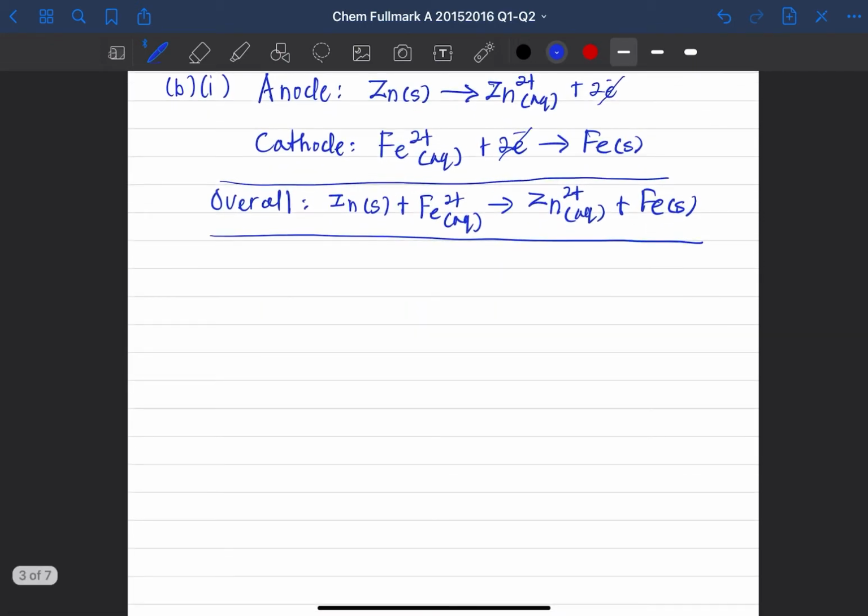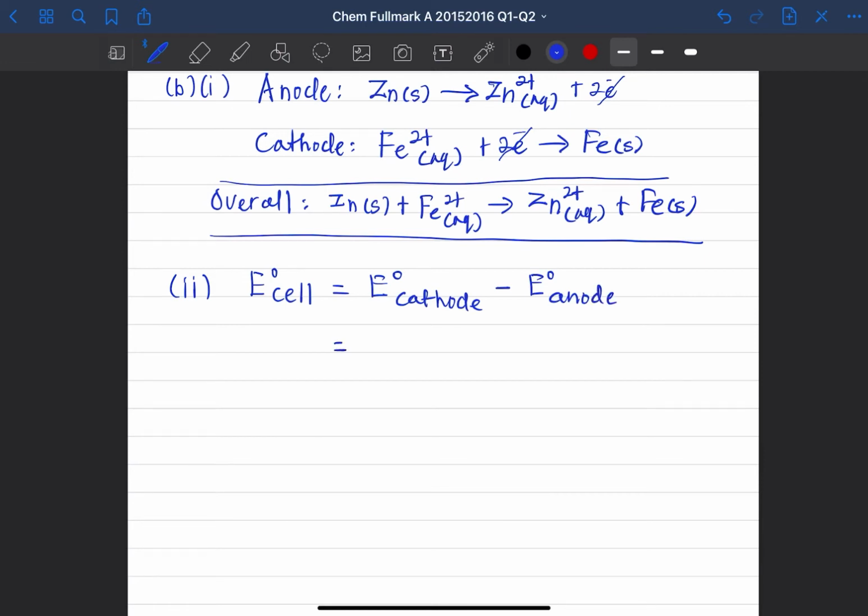So, before we calculate E cell, we must calculate E naught cell first. E naught cell is E naught cathode minus E naught anode. So just fill in the value.